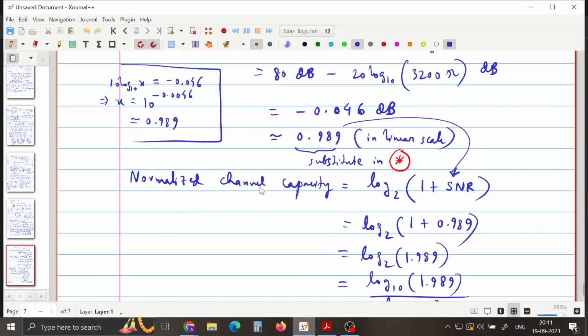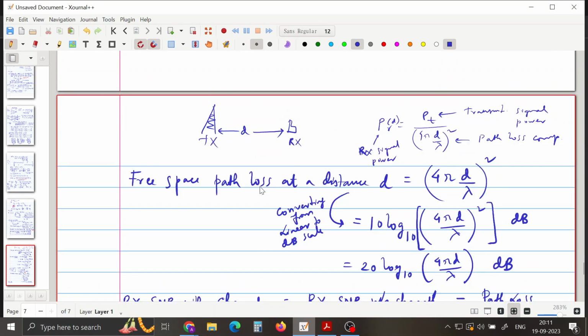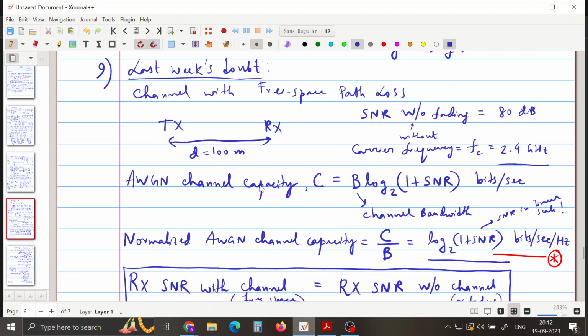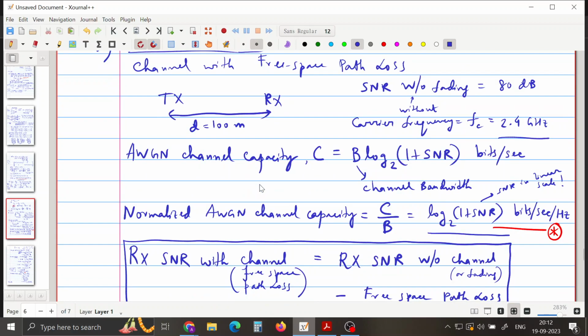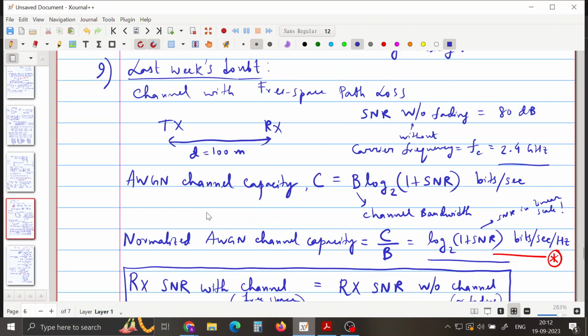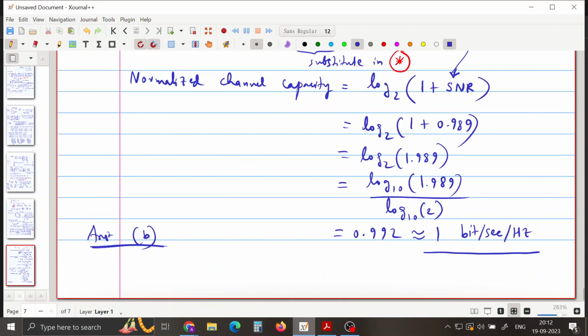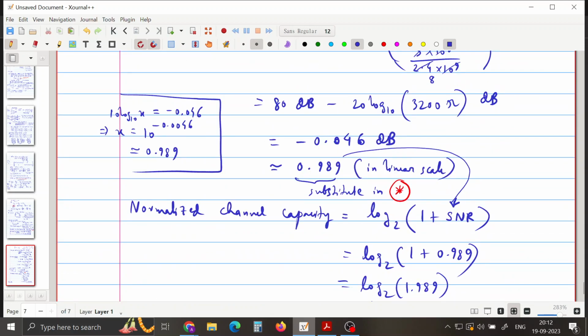Actually, I am using this term AWGN, and initially that's the capacity, but here we are doing the capacity calculation in fading. So in the end I have written normalized channel capacity. This is actually in fading.